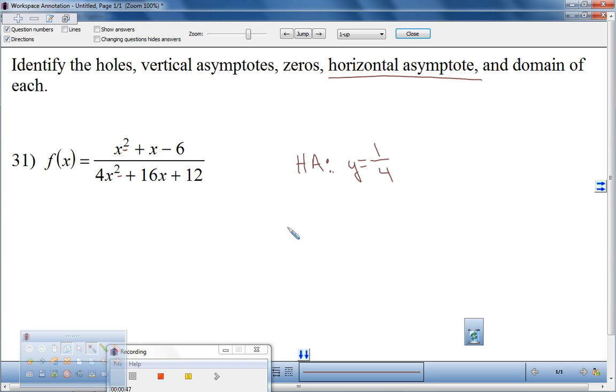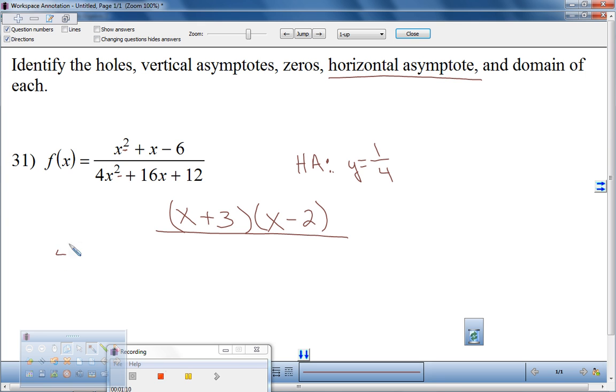Now to find the rest of the information, we're going to have to factor. So let's factor the top. If we factor the top, we end up with x plus 3, x minus 2. Now on the bottom, I'm going to do this in a couple steps.